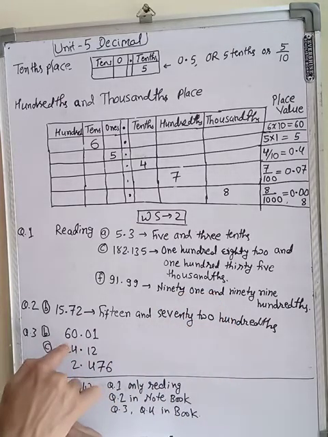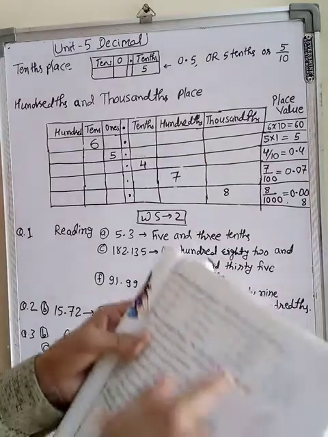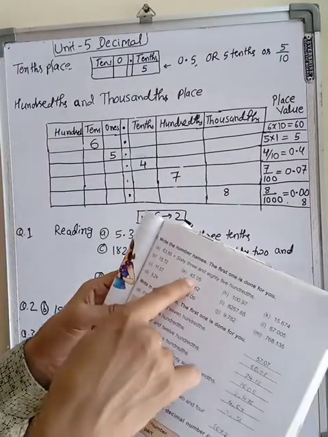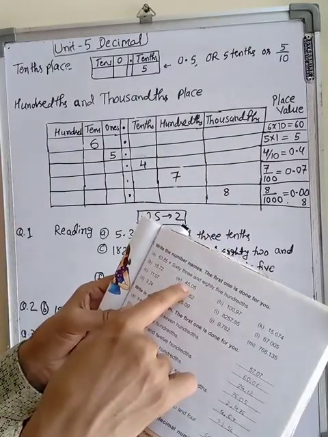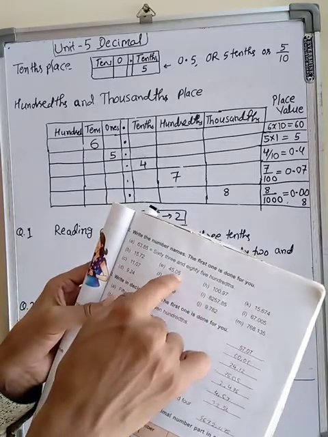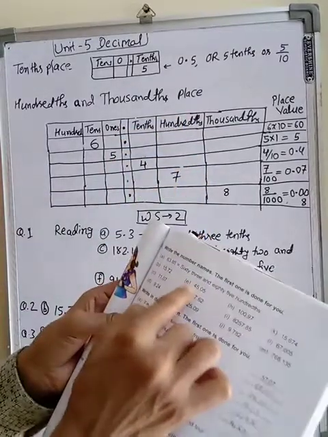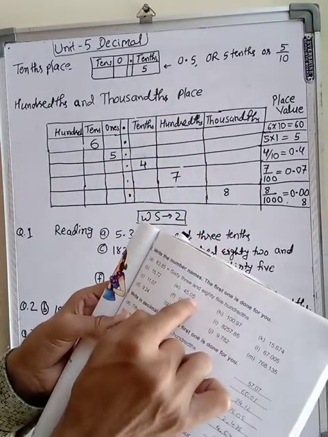Now what will be another reading? For example, E: 45 and there is 05 written, means 2 places. 2 places means we are going up to the hundredths place. So 45 and 5 hundredths.